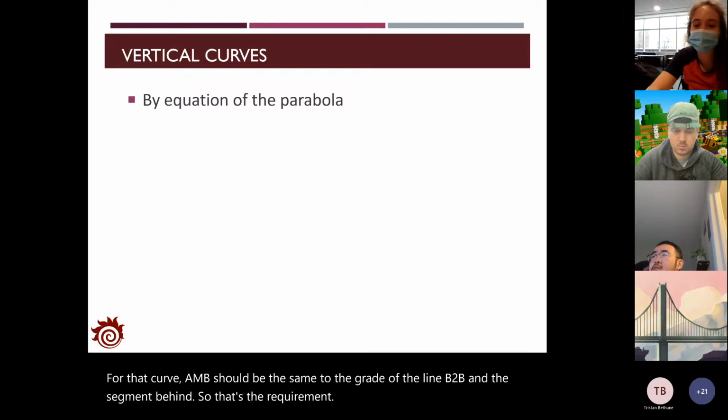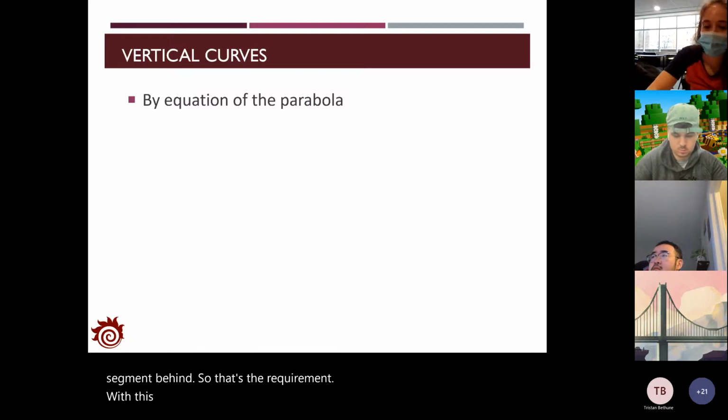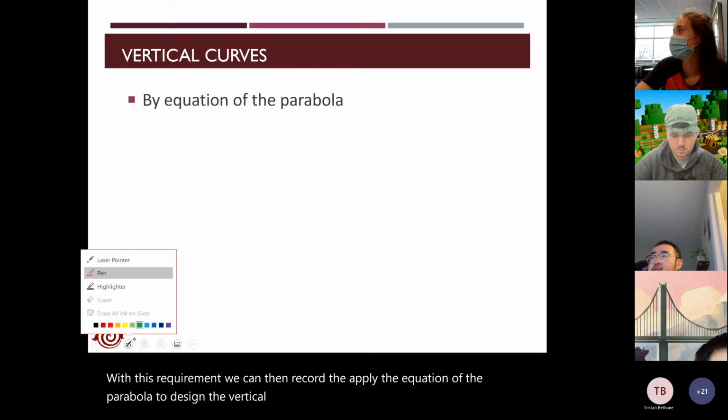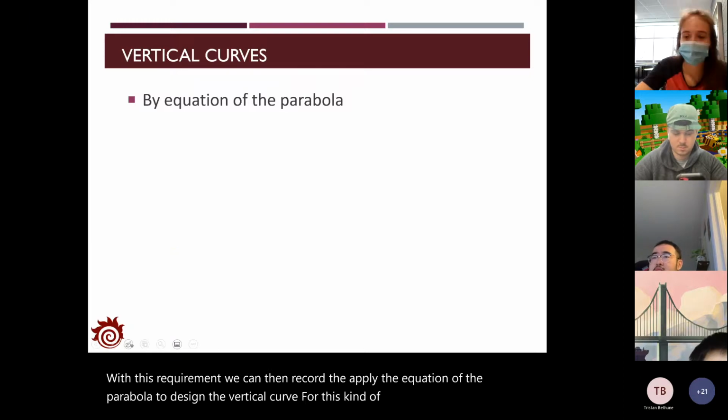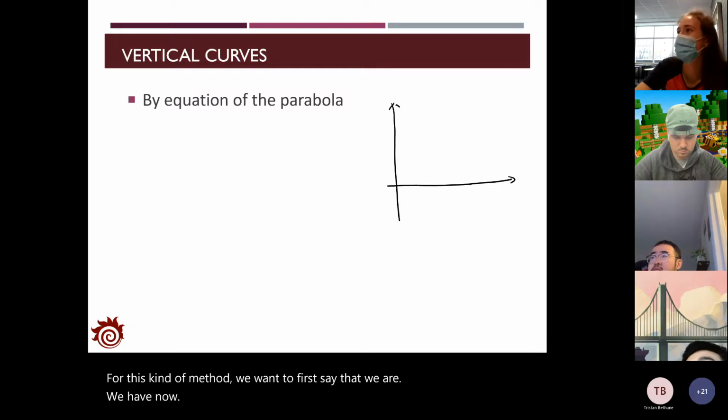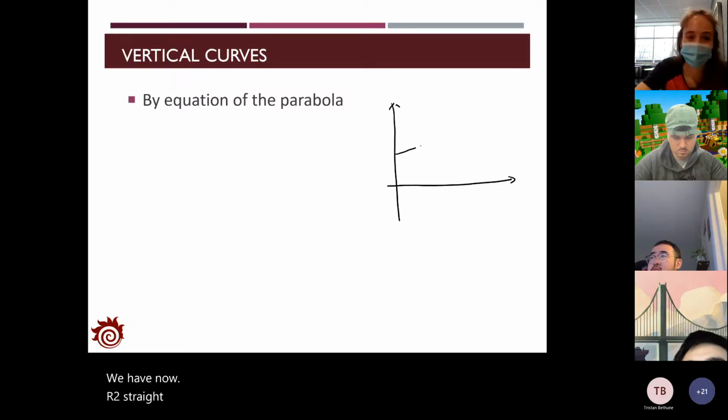With this requirement, we can then apply the equation of the parabola to design the vertical curve. For this kind of method, we want to first say that we have two straight lines. Let me just draw it.